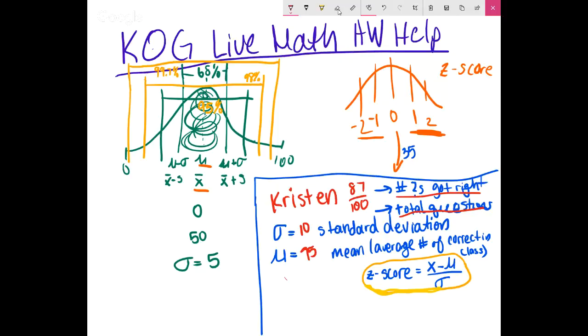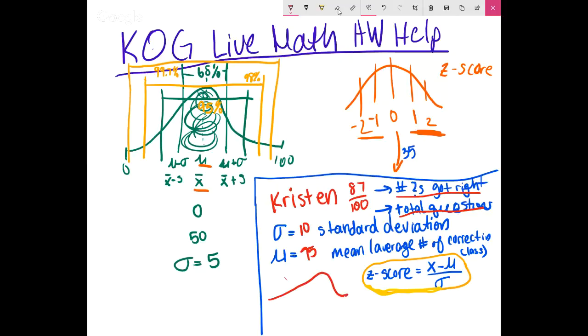What is 75 compared to 100? And what is 75 compared to half of 100? Half of 100 is 50, and 75 is above 50. Actually, it's right in between 50 and 100. So this distribution skews to the right again.